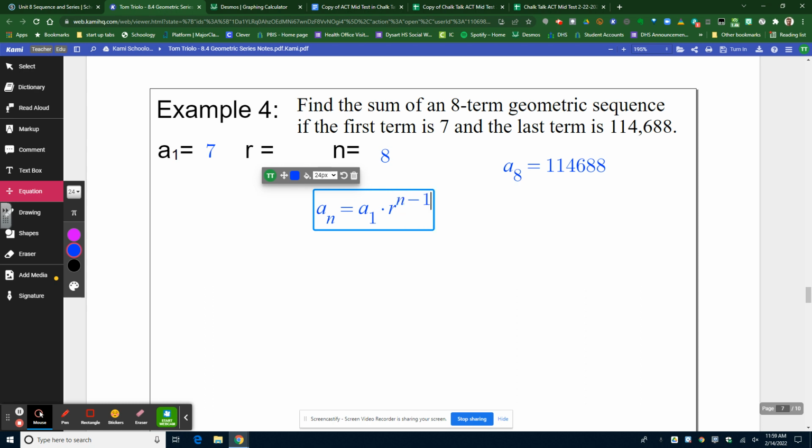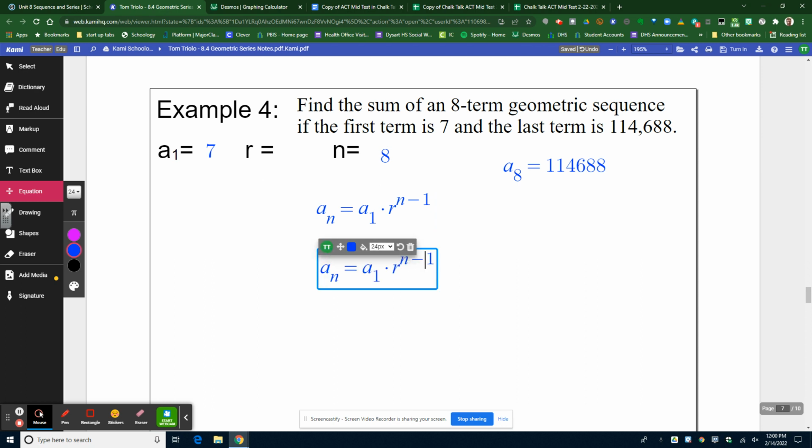And then just start plugging stuff in. In this case, we're looking at A sub 8. So I'm going to do a little Control A, Control C, Control V, and just substitute in what I know. I'm going to start on the left. I'm going to use that 114,688. I know my first number is 7.